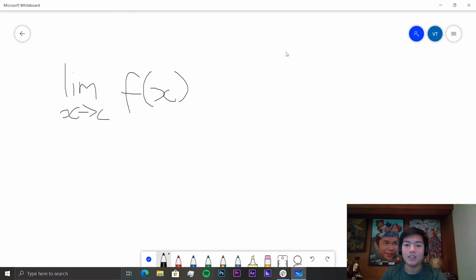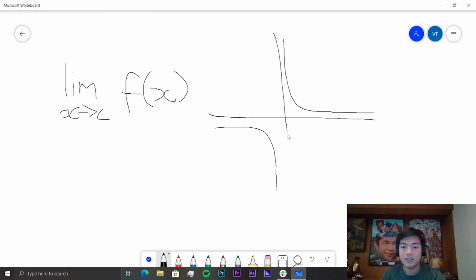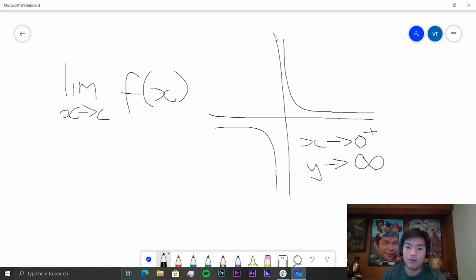If you imagine the function 1 over x, which looks something like this, you can see that as x gets closer and closer to 0, at least from the positive side, then y gets closer and closer to infinity. It will approach and keep on approaching, but never actually reach infinity.